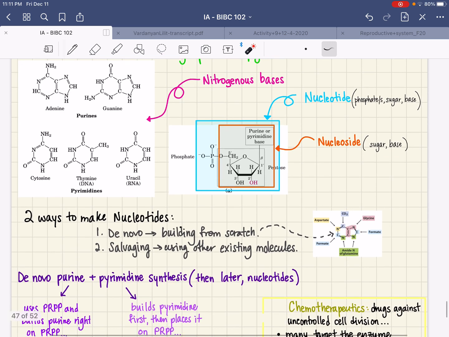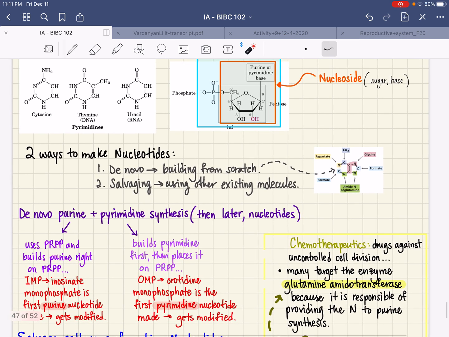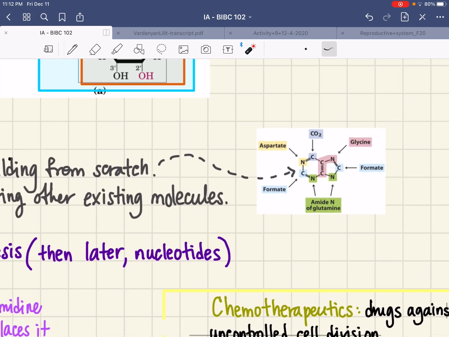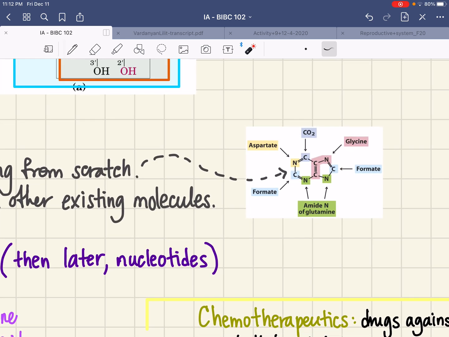Now, there are two ways of making nucleotides that we discussed in class. First is the de novo pathway, which means basically starting from scratch, building from scratch. And that is when the base is literally built one atom at a time, and most of these atoms come from different sources.